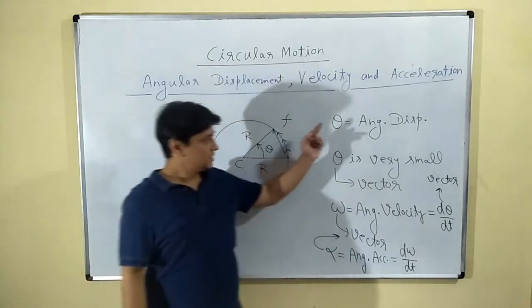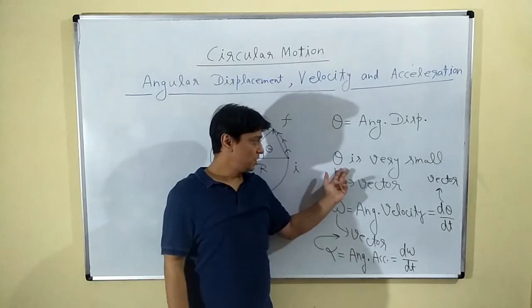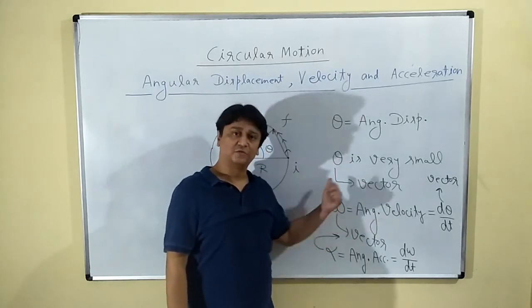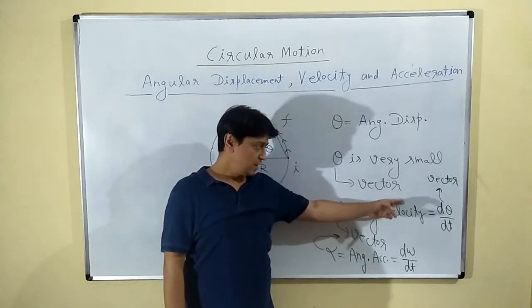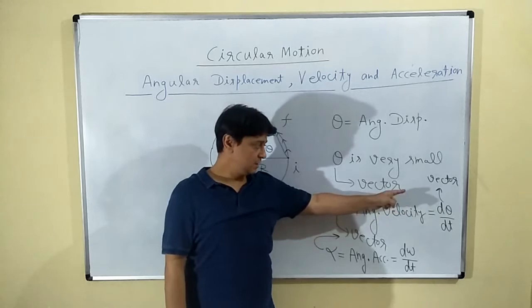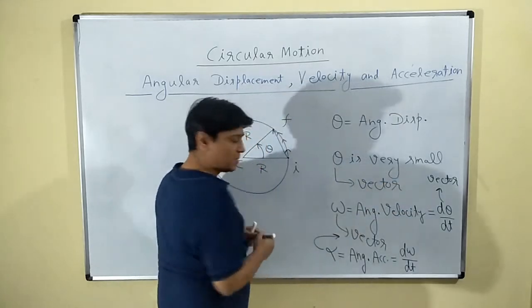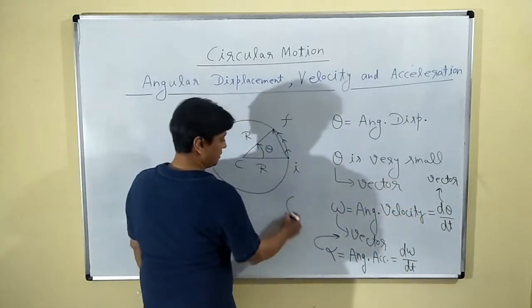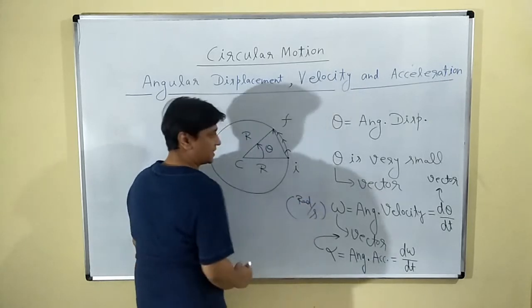अभी के लिए angular displacement, if it's large, it's not a vector. Small, it's a vector. Omega, rate of change of angular displacement, is what? Angular velocity. It is d theta upon dt, d theta vector. साथ में आपको इस ओमेगा का यूनिट भी दिख रहा है, d theta divided by dt, radian per second.